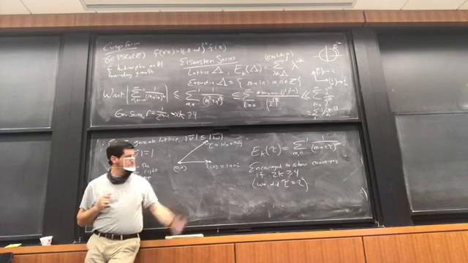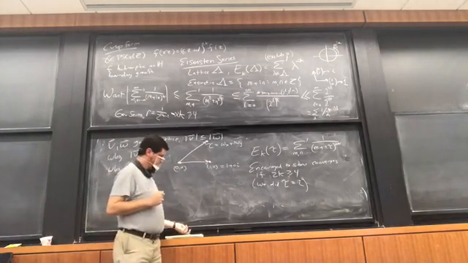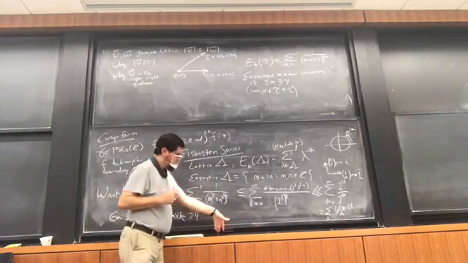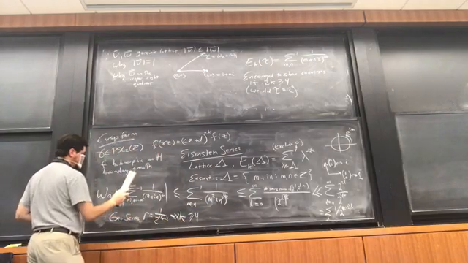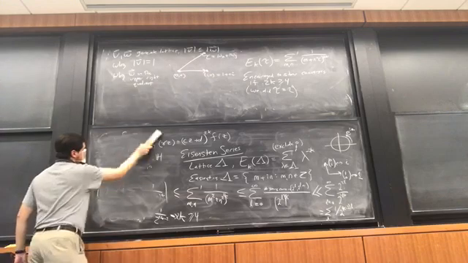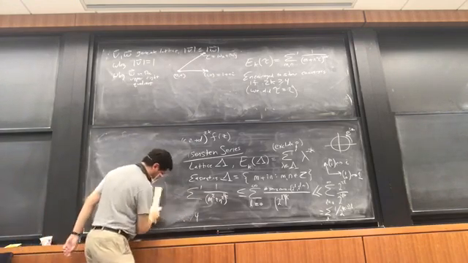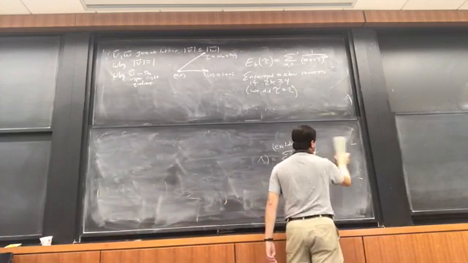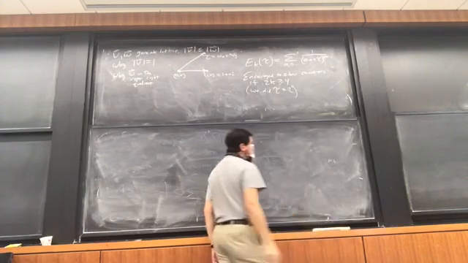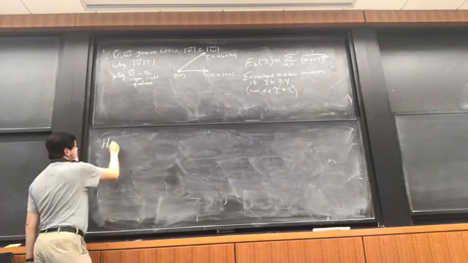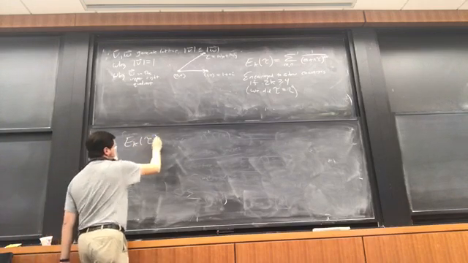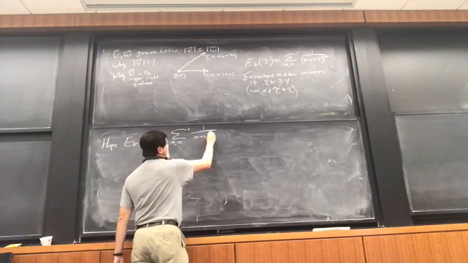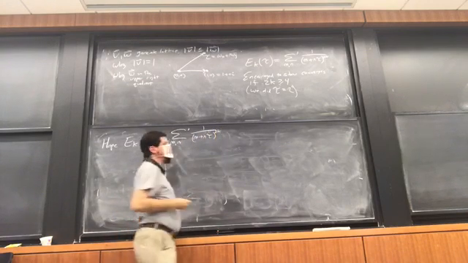So what do we hope is true about this function? Hope E_2k of tau is the sum, (m, n) not being (0, 0), of 1 over (m plus n tau) to the 2k. What do we hope about this?